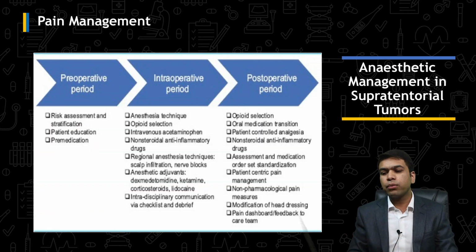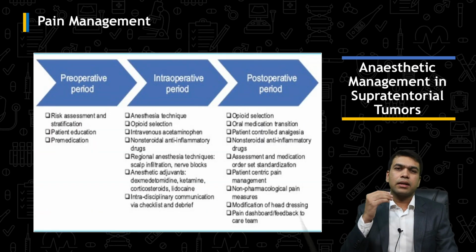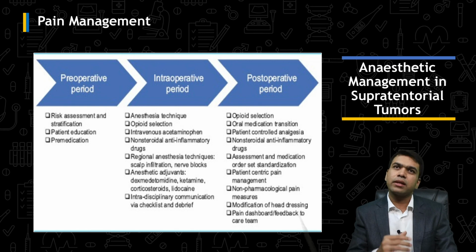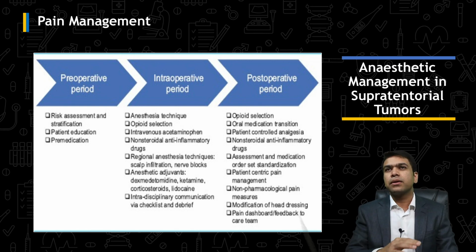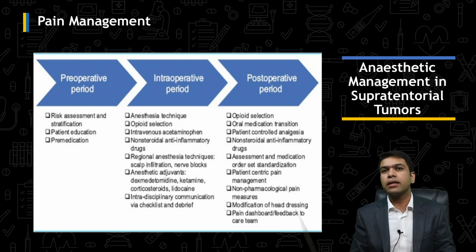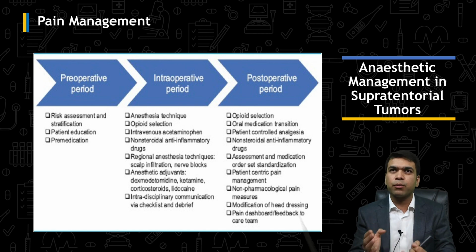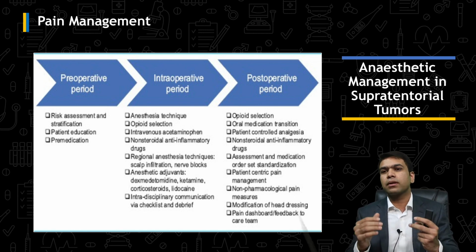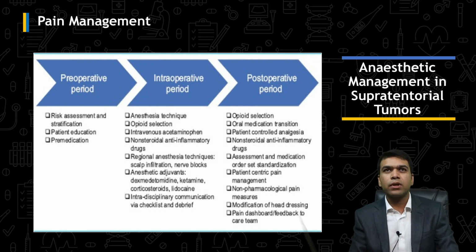Coming to the final point, pain management. Considering postoperative pain management in brain tumor surgeries, you cannot use opioids because they will interfere with your GCS monitoring. You cannot use NSAIDs because there is a 1.1% chance of intracranial hematoma formation. So you are left with very few drugs. What we suggest is to approach it in a multimodal way.